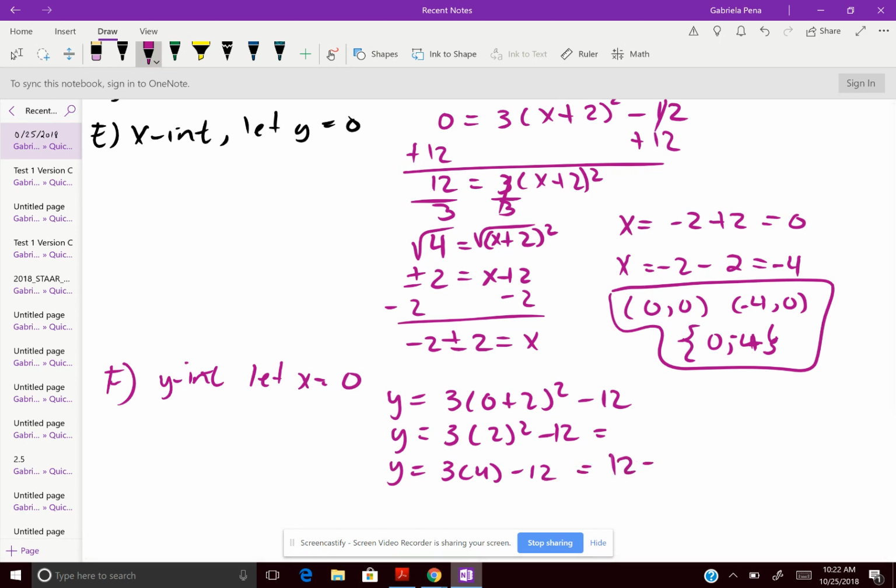And it so happens that what is your y-intercept? 0, 0, right?